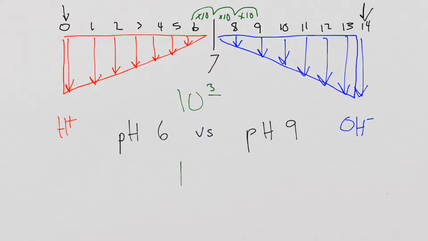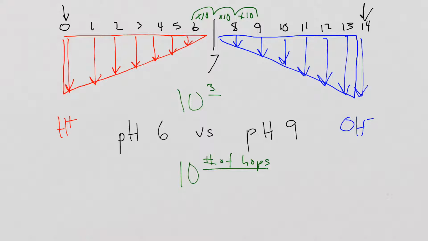So if you can go with 10, always 10 to the power of, that's what logarithmic means. So when we're comparing pHs of substances, no matter what, it's going to be 10 to the power of, and then the exponent is going to be the number of hops.